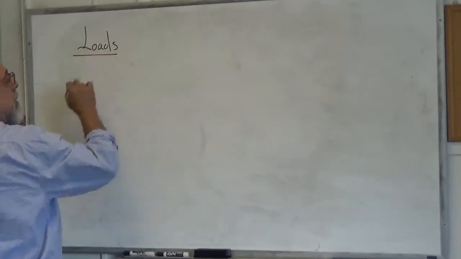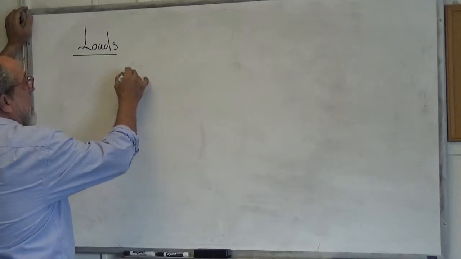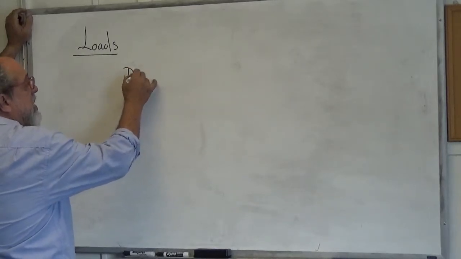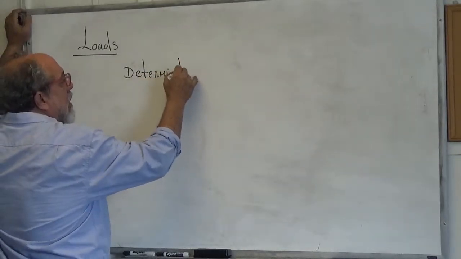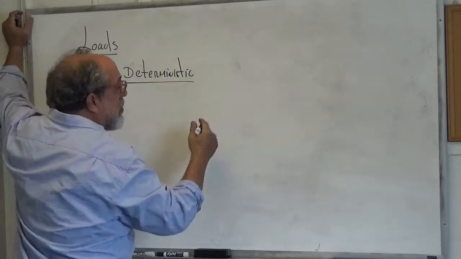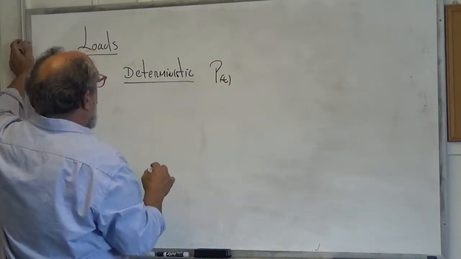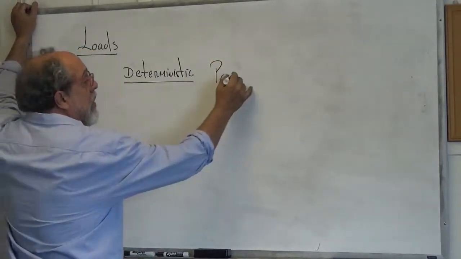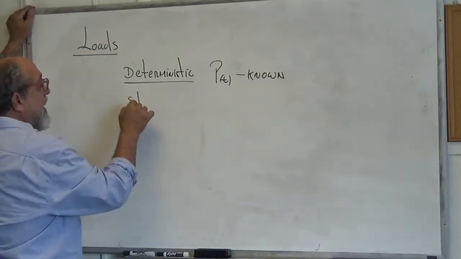types of loads, right? Now, we can have loads that are deterministic. That is, we happen to know the history, right? So P sub T is known. We can have loads that are stochastic.